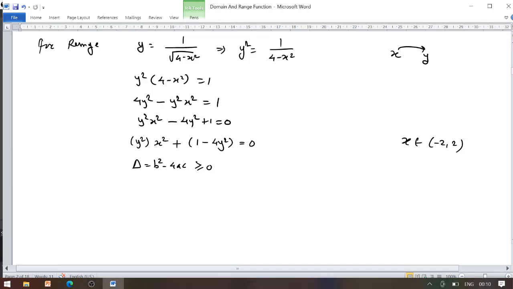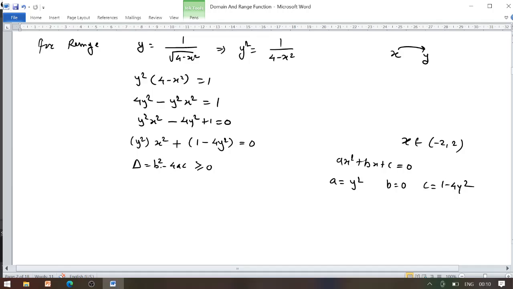On comparing the given quadratic in x with the standard quadratic ax² + bx + c = 0, a is the coefficient of x², which is y². The term in x is not given, so its coefficient b is 0, while the constant term is 1 - 4y².